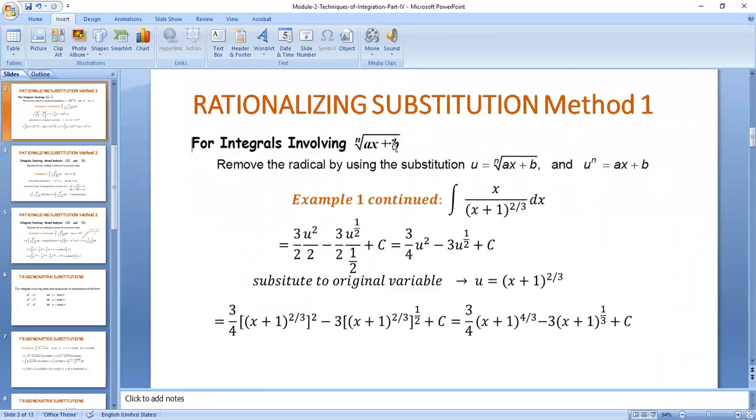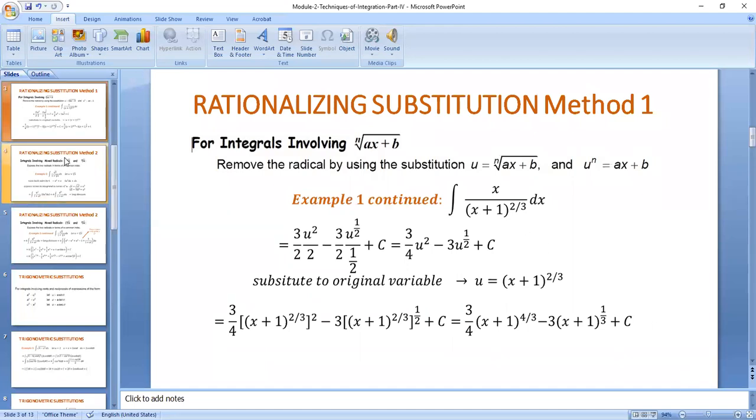For this, for the nth root, for an integral, determining the nth root of a function with the degree of the variable equal to 1, or even not equal to 1, that would still be okay under the radical sign, because you can still have a process using rationalizing substitution, just like in the case here. Okay, x plus 1 raised to 2/3.